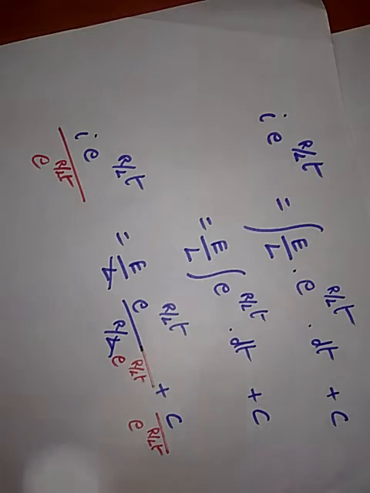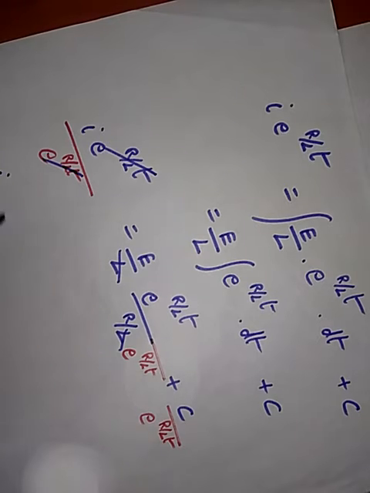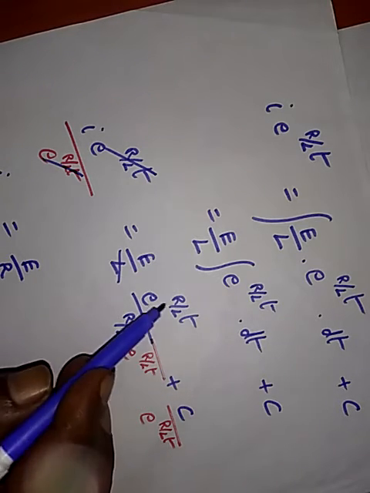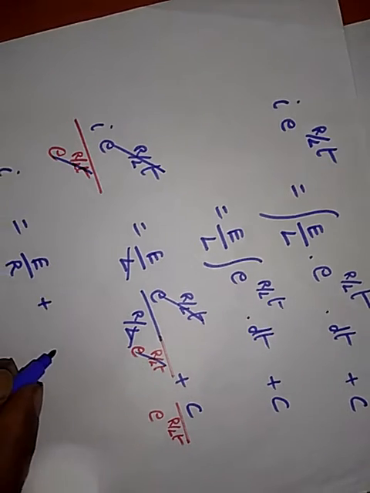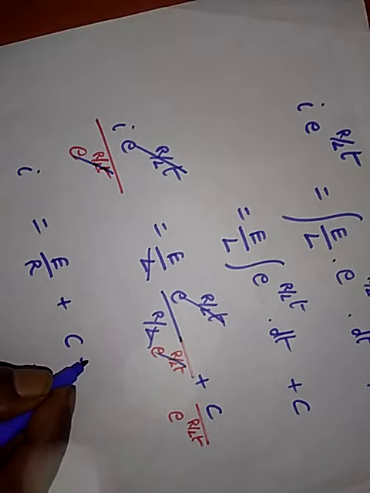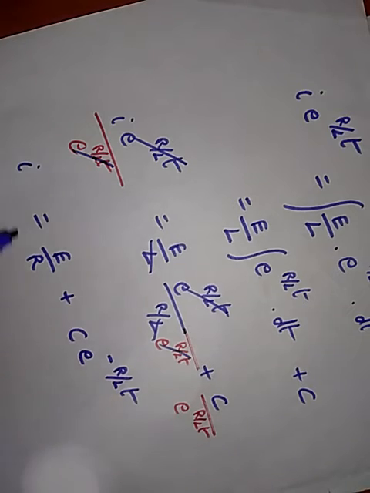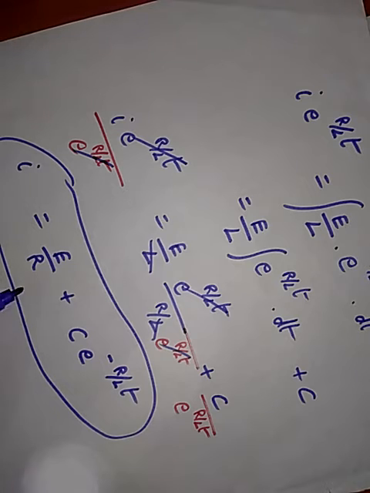So these two terms get cancelled, and you will be having I equal to E by R, since e power R by L t cancels out, plus c e power minus R by L t, bringing this to the numerator. So now this is the current equation: E by R plus c e power minus R by L t.